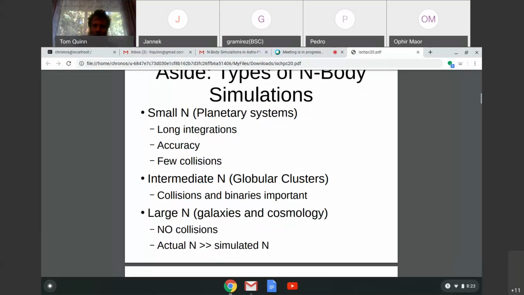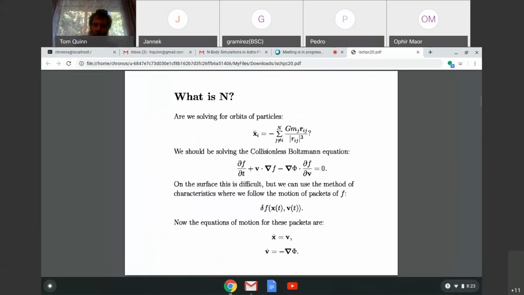And so normally when you think of N-body simulations, you think of this top formula. We calculate the acceleration of a given particle by summing the Newtonian forces of all the other particles in the simulation and adding them up in a vector manner.